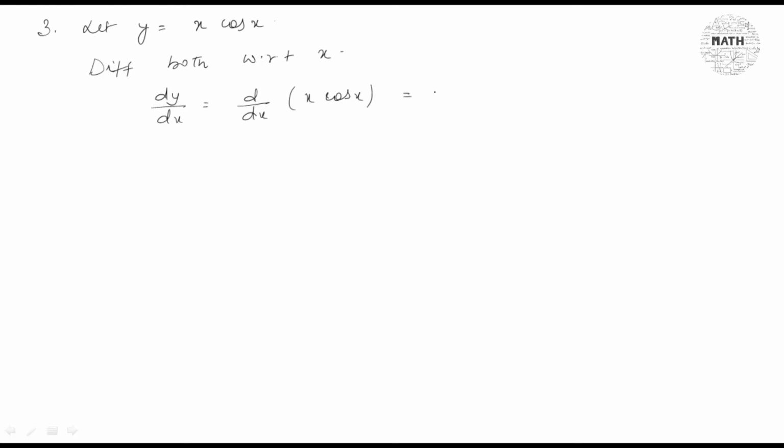So if I happen to use the product rule, it will be x d by dx of your cos x plus cos x d by dx of your x. So in short, your dy by dx happens to be nothing more than minus x sine x, because d by dx of your cos x is nothing more than minus sine x plus cos x.